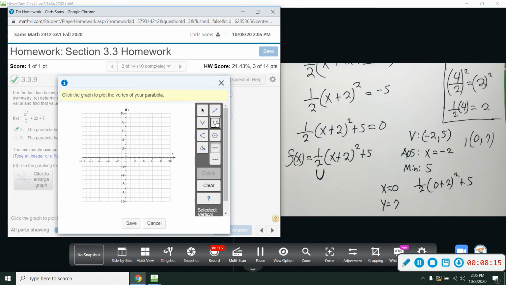We have a parabola. We're going to graph this minimum point, this vertex, -2, 5. -2, down 5. I'm at -3. -2, 5. Those are the coordinates up here. So I'm looking up there to verify I'm in the right spot. And then the other point, 0, 7 that we got, the y-intercept. You can pick any x value you want, but you want to try to get something that's going to be on this axis between -10 and +10.